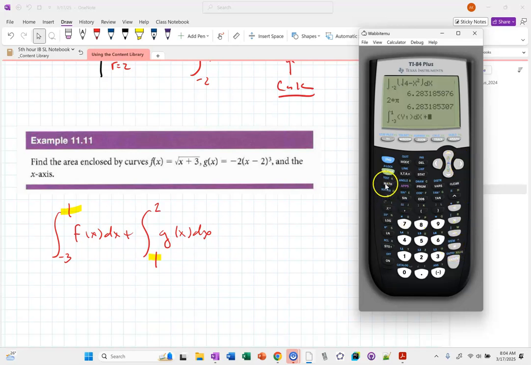And then I'll add to it the other integral, so math command 9, 1 to 2, and then I'll put y2 there. Again, I could type the thing in over, but since I already typed it in once, I don't need to do it again. So I do that, and I get 5.83-ish.